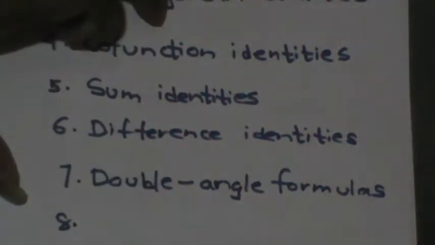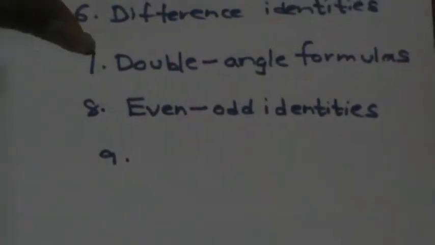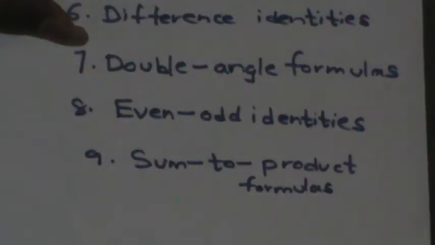And the eighth one is even odd identities. The ninth one being sum to product formulas. The tenth one being the other side, the product to sum formulas.